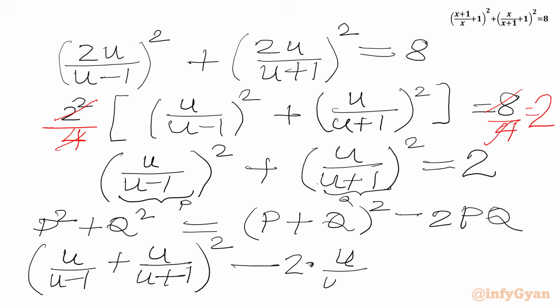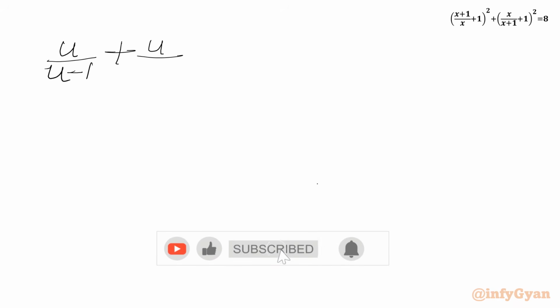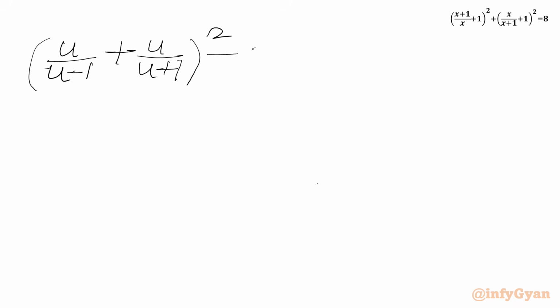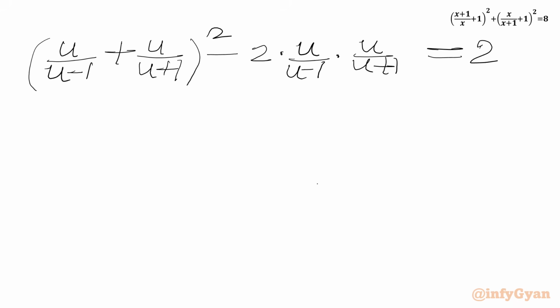P is u over (u minus 1) and q is u over (u plus 1). This must be equal to RHS 2. Now we have to simplify our LHS. Let me write our equation here: (u over (u minus 1) plus u over (u plus 1)) whole square minus 2 times u over (u minus 1) times u over (u plus 1) equal to 2.